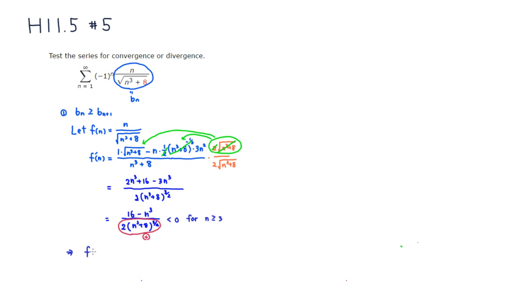So f of n is decreasing for n greater than or equal to 3, which implies that Bn is definitely decreasing for n greater than or equal to 3.